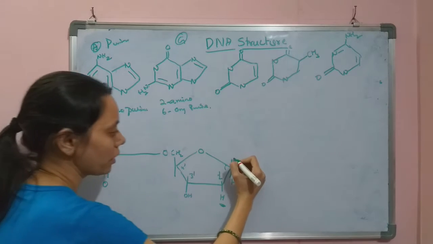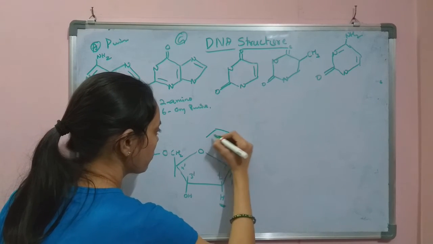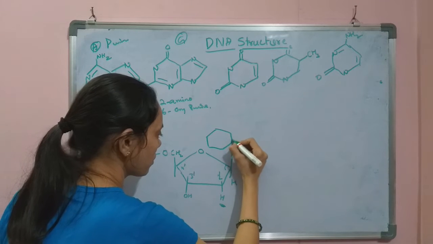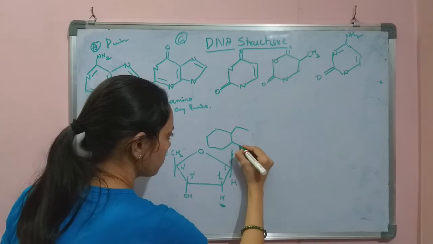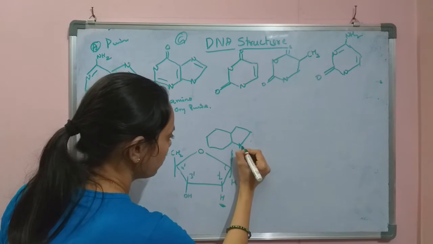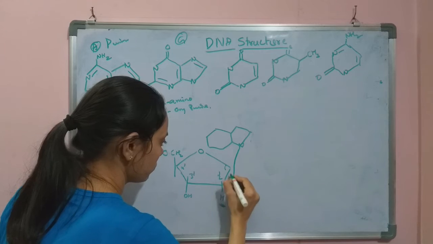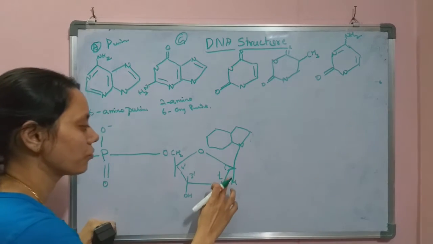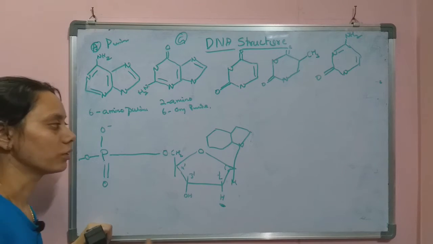Let us start with adenine. Purines at their 9th position will be attached to the 1 prime position of this sugar.